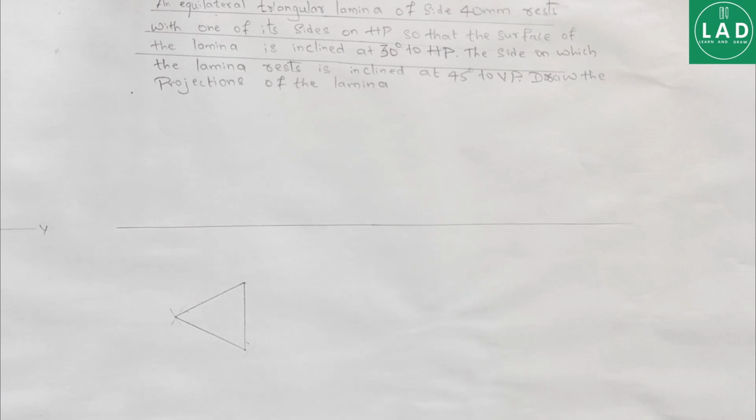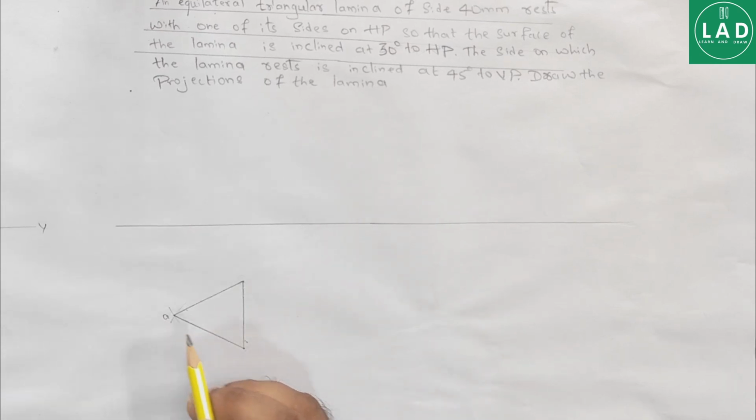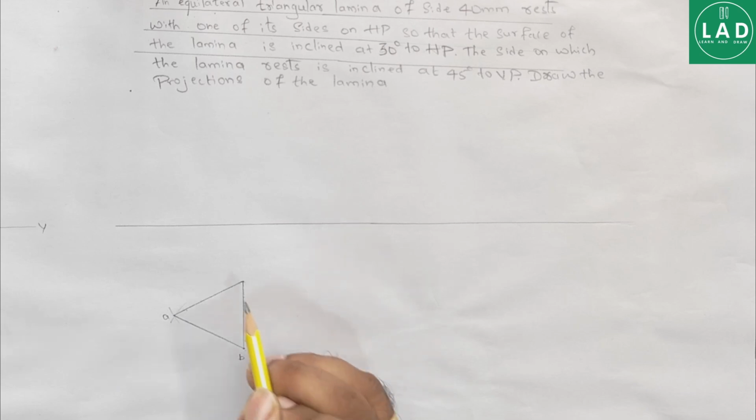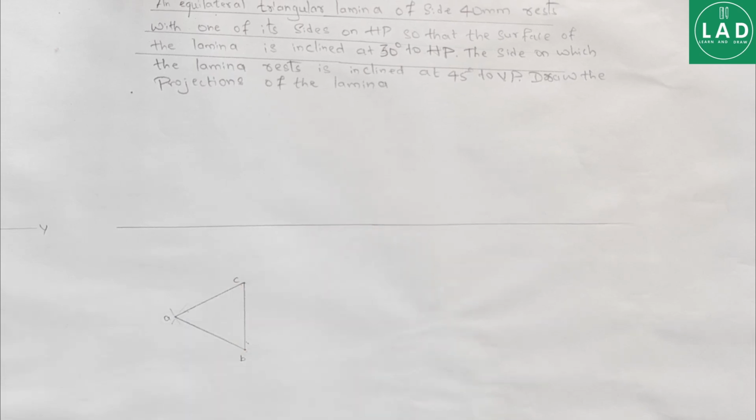Now let's name this as A, B and C. So this is our first top view.